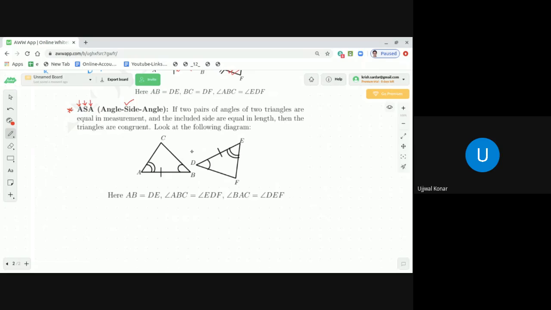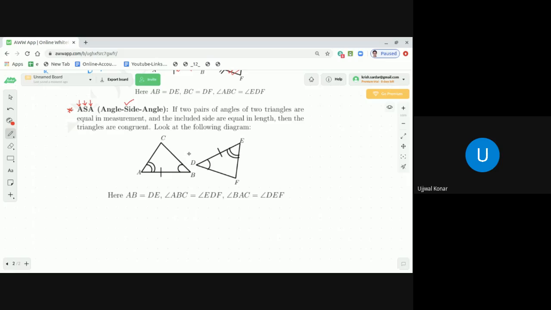And what it says, dear students, is that ASA congruency: if 2 pairs of angles of 2 triangles are equal in measurement and the included side are equal in length, then the triangles are congruent.